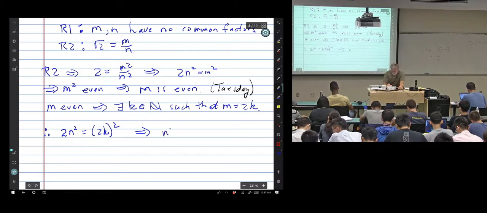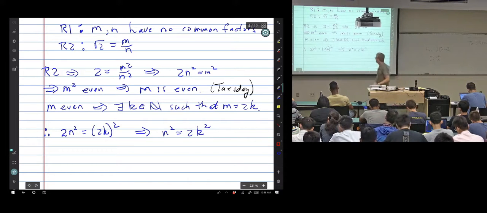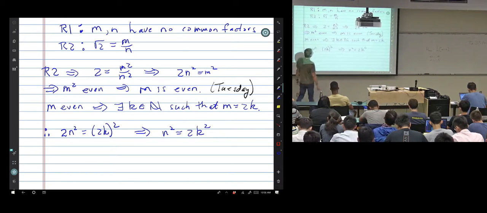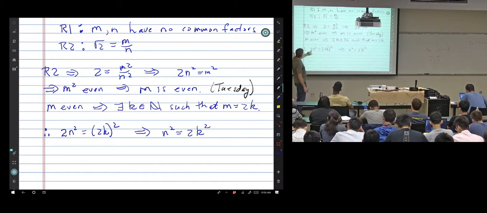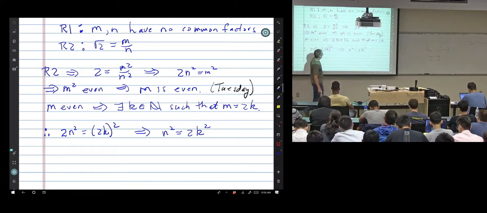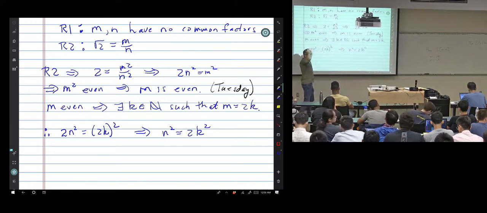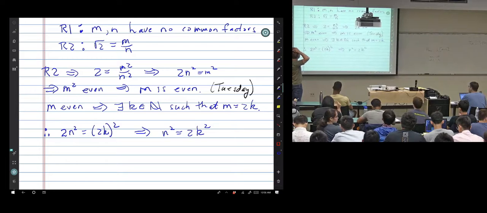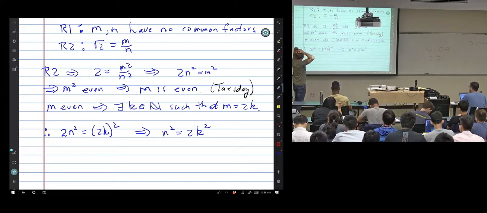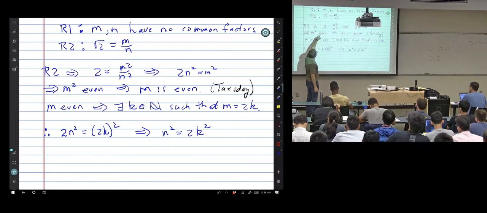And that implies that N squared equals 2 times K squared. Okay, so 4K squared, I cancel the 2's. So N squared is even. Question? M and N, oh, well, square root of 2 is positive, so it doesn't matter.